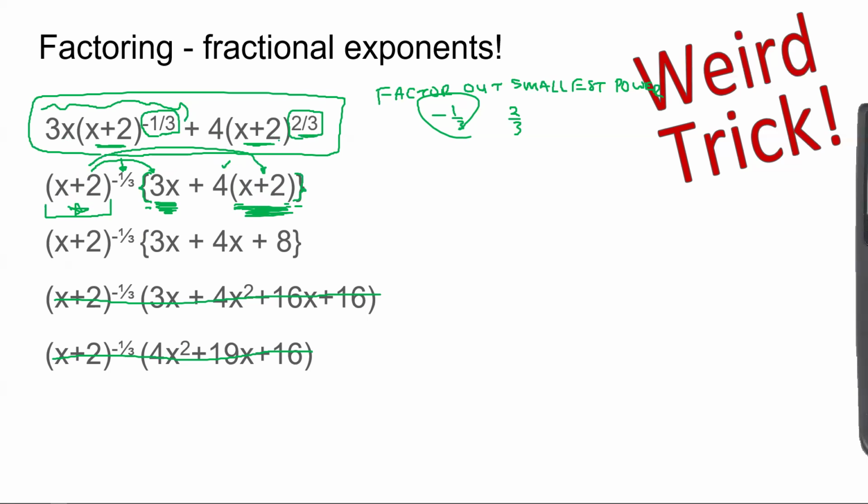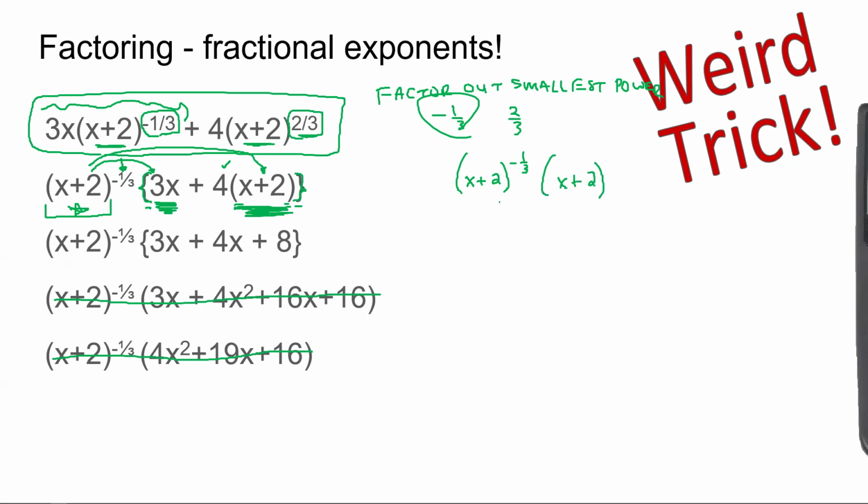Now, thinking about my power rule, when I have something to a power multiplied by the same thing to a power, I have to add the exponents, right? So here's where the weirdness begins. Maybe it already began. x plus 2 to the -1/3 times x plus 2. Let's just write that much out.